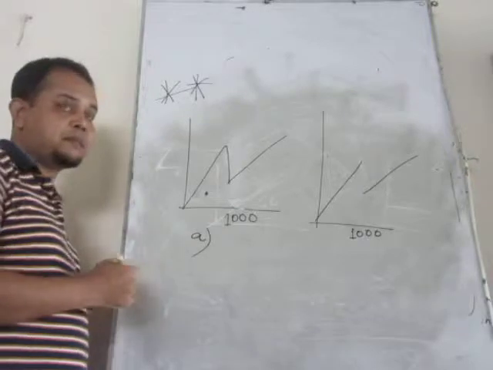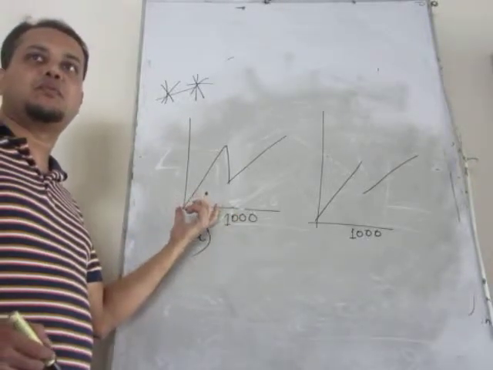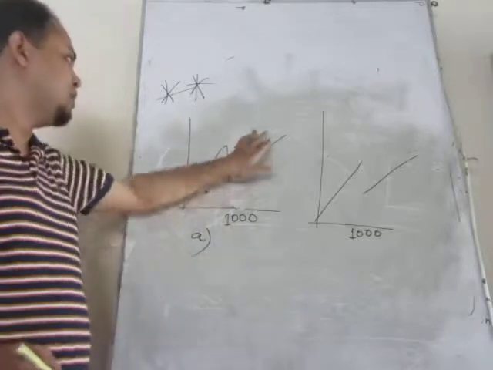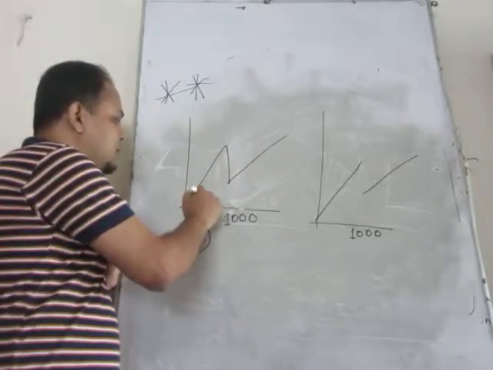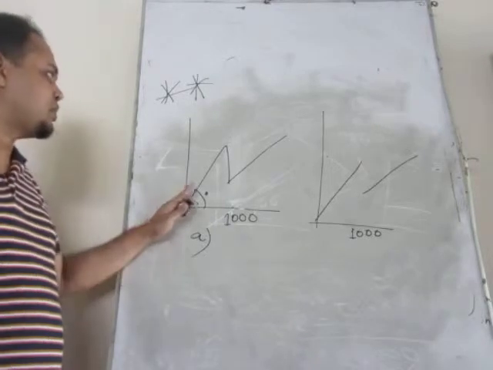In graph A, up to this level of activity, that means up to 1000 activity, your variable cost is this much. That's why this total variable cost.